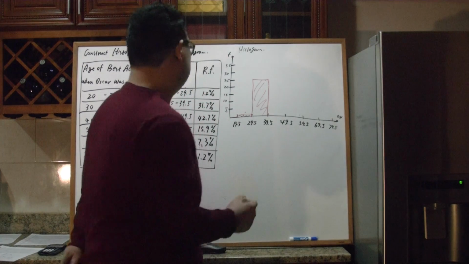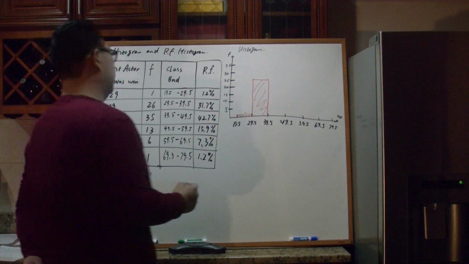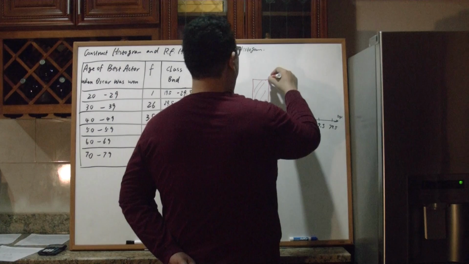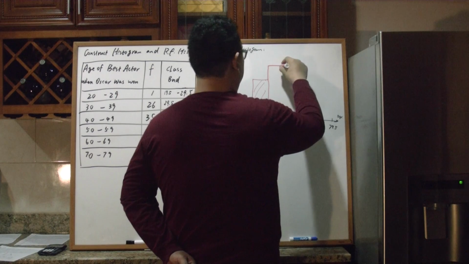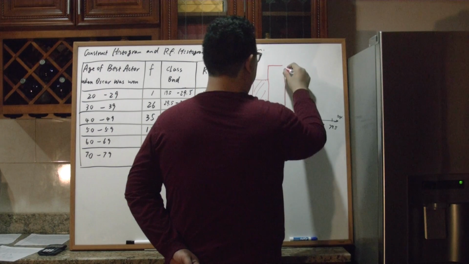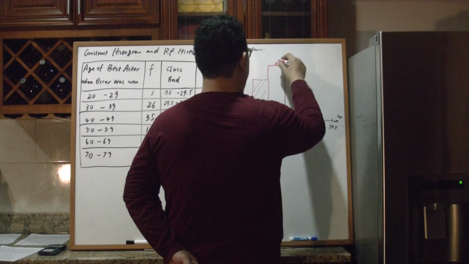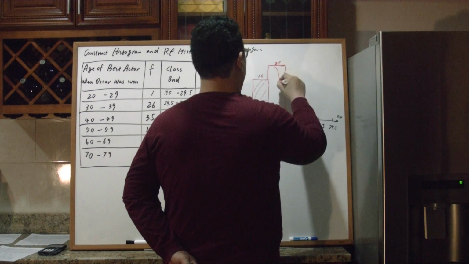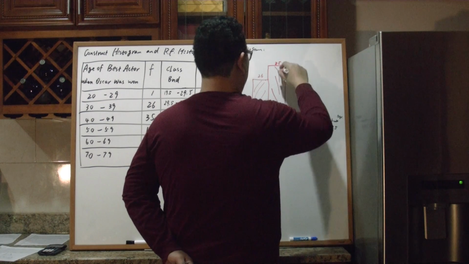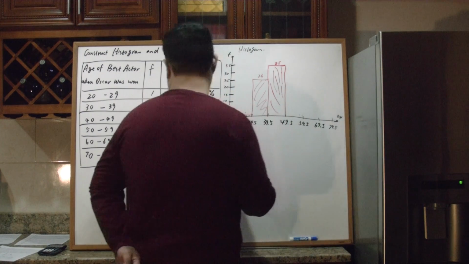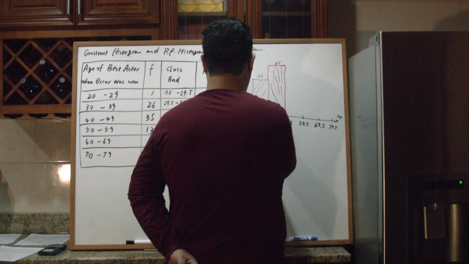The next class is 35 people, and then we're up to 35. The next one is 13.